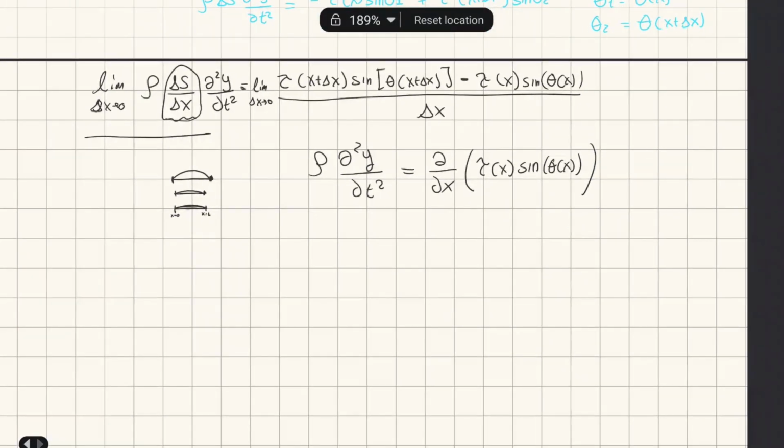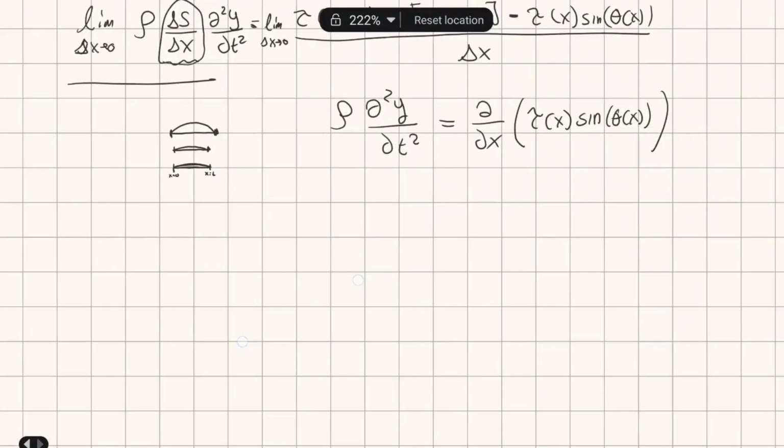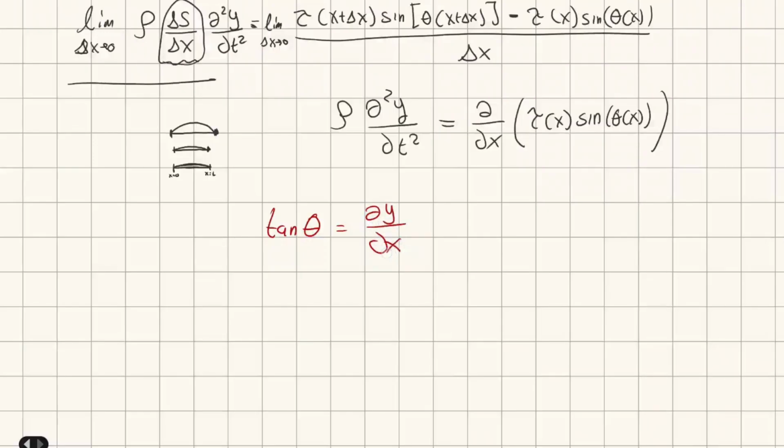Okay, so we are almost there. We just need to establish one other thing. We know that the slope of a tangent line is equal to the tangent of the angle of inclination, right? What I mean is that tan θ is equal to the derivative of y with respect to x.